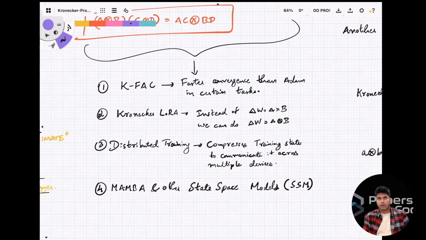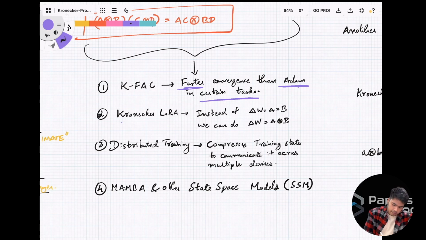KFAC, which is the one we just looked at, is a way to approximate the curvature of the loss landscape. Sometimes it's shown that the KFAC way of converging, that is using the Kronecker product to approximate the curvature, is faster than Adam in certain tasks. Not always. Sometimes Adam works better.